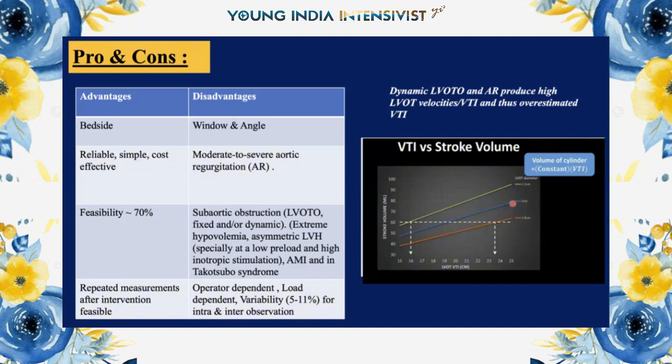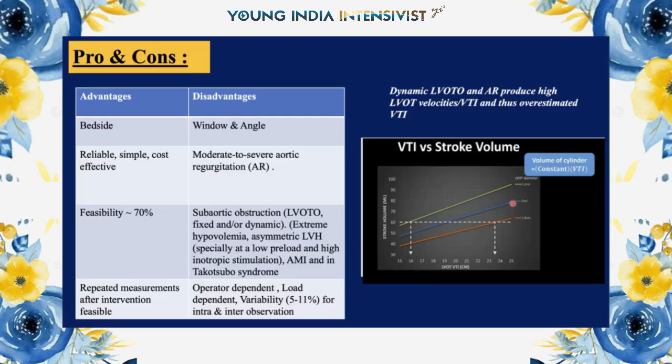So this completes the first modality, which is your velocity time integral. A brief overview: velocity time integral is very simple because the USG machine as a standard of care is available in most of the ICUs. Initially, you have to do a parasternal long axis view; you can either use a nomogram for the calculation of your aortic valve area, or calculate the aortic root diameter, divide it by 2, then square it.